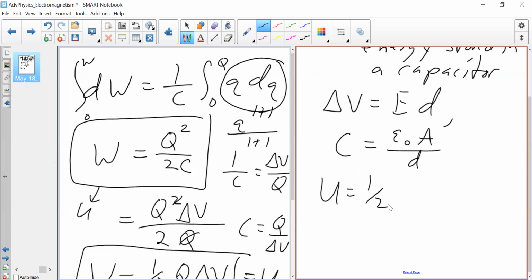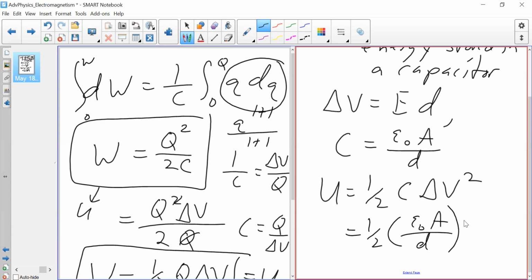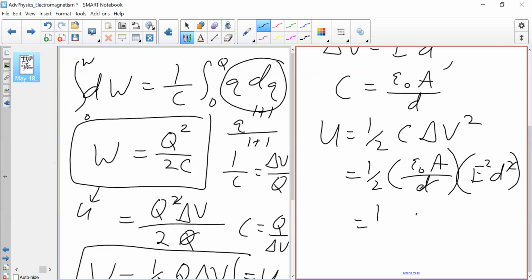And we have U equals 1/2 C delta V squared, 1/2 epsilon naught A over D times E squared times D squared, because that's delta V squared. And then you do your little substitutions there and cross out.